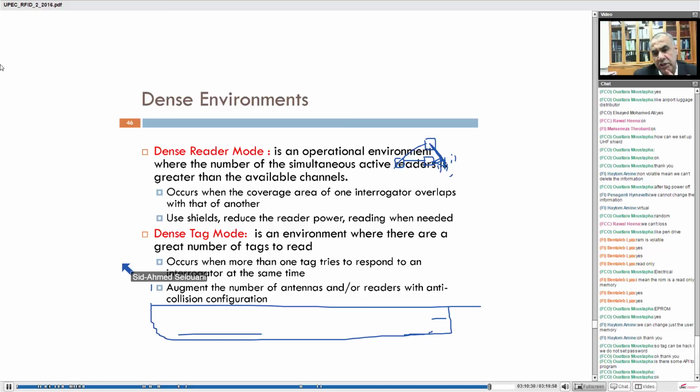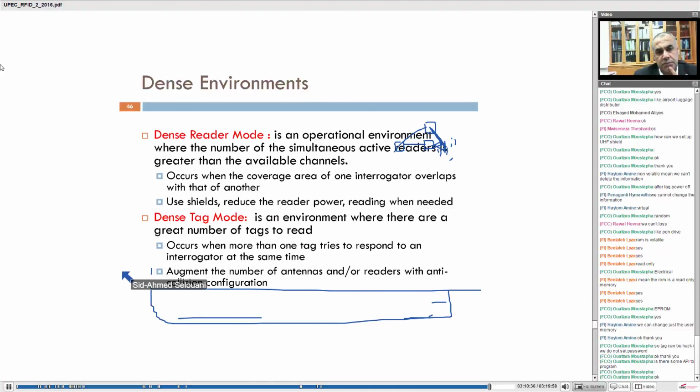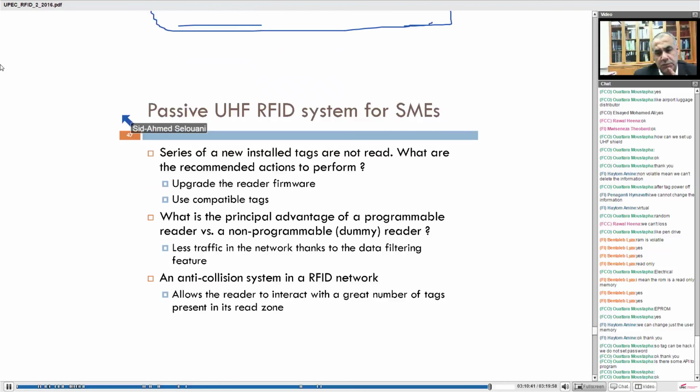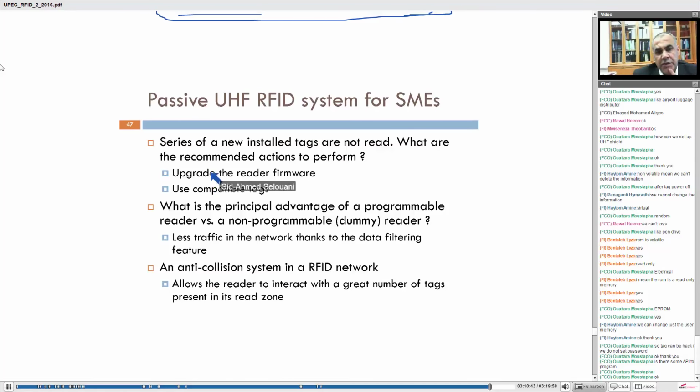So if I ask you how to deal with dense tag mode, you have to answer this: augment the number of antennas and/or the reader with an anti-collision configuration. Anti-collision is important. To manage the dense reader mode: shields, reduce the reader power, and read only when it is needed.